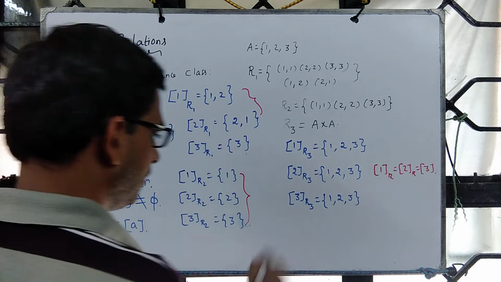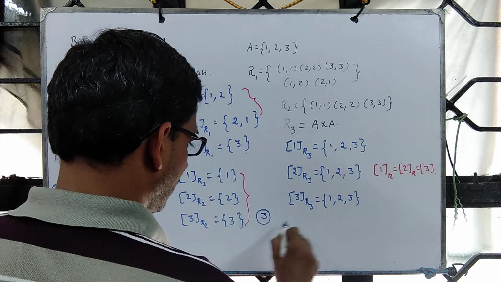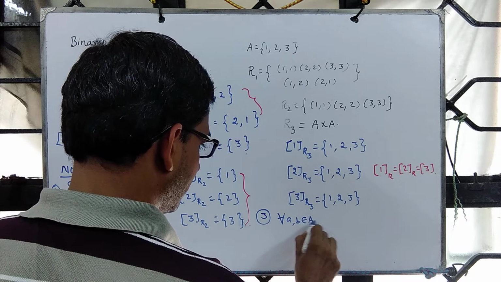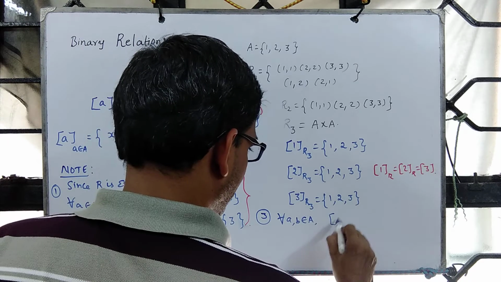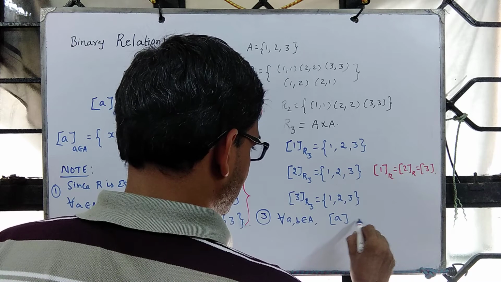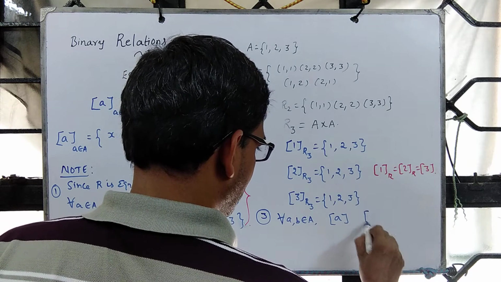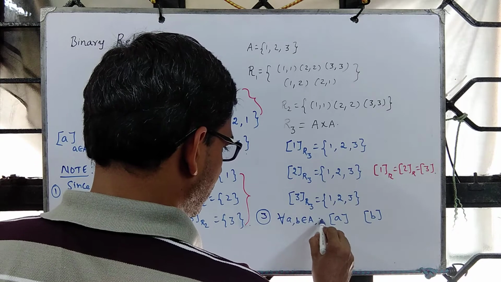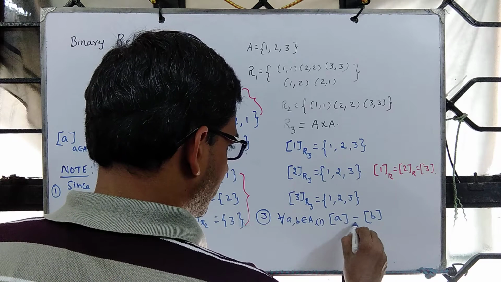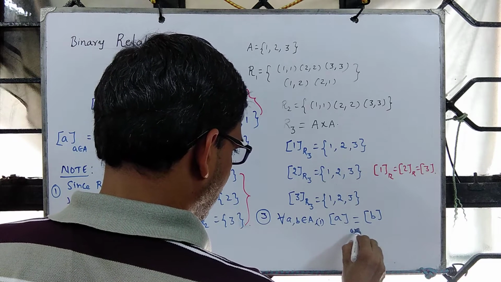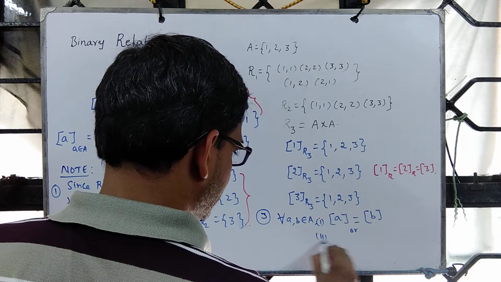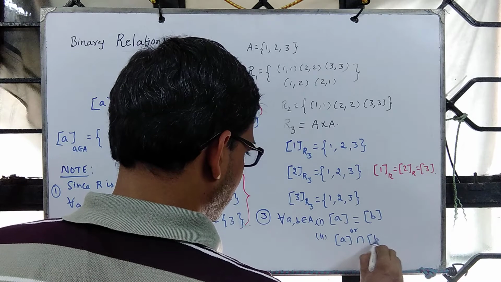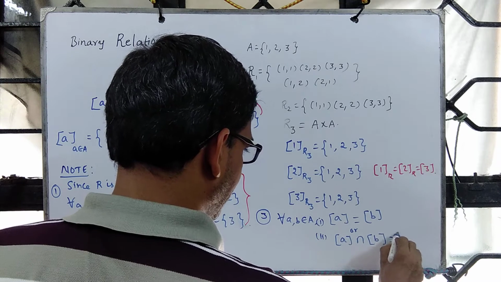That's another property, property 2. For all a, b belonging to A, if you look at the equivalence class of a and the equivalence class of b, either these two are one and the same, or the intersection of the equivalence class of a and that of b is an empty set.